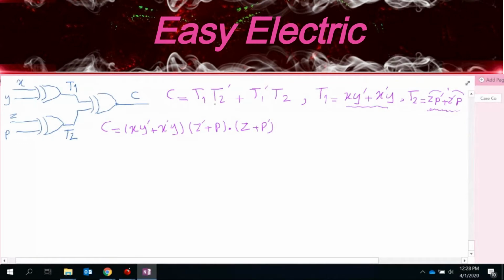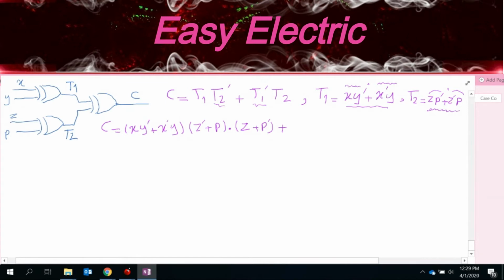That's what we replace for T2, okay? So plus, same thing for T1 prime. So this is T1. So prime should be the prime of this dot prime of this based on the De Morgan theorem. What's the prime of this? Again, it is another De Morgan. It should be x prime plus y prime prime, which is y. Same thing. What is the prime of this?